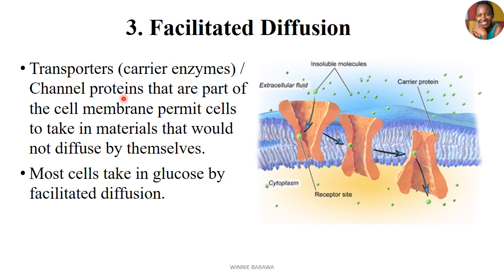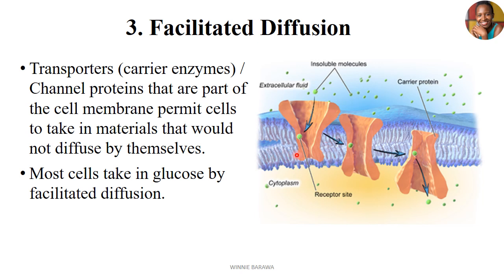With the channel proteins, they are able to act as carriers or transporters, and so they take in materials that cannot diffuse by themselves. For example, with diffusion, materials just cross the cell membrane on their own without the need of transporters.